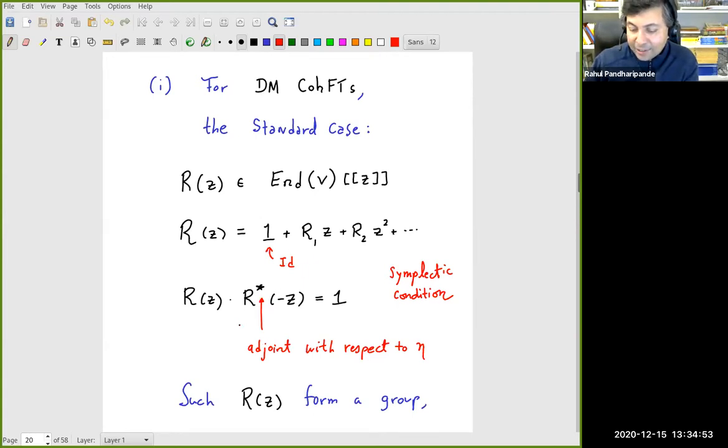And on top of that, it should satisfy the symplectic condition, which says that if I take this power series and the power series given by taking the adjoint of all the operators, the adjoint with respect to the metric, then when I multiply them together, I get 1. Okay, so that's the input. And this is just algebraic data. It depends only on this.